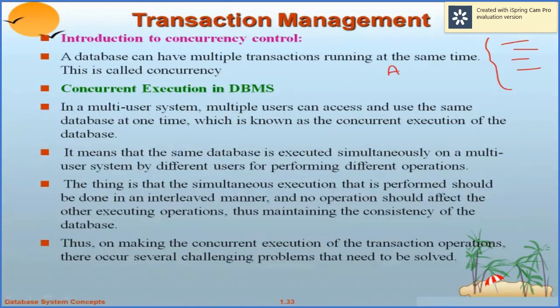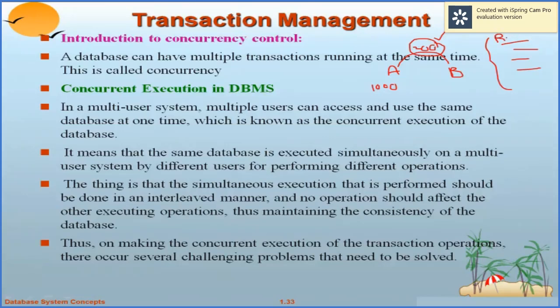Consider two accounts, account A and B, and you have an operation to be performed on account A and account B. Assume account A has 1,000 rupees in it, and I'm supposed to transfer 200 rupees from account A to B. So let's list out the set of operations that need to be performed to undertake my main task of transferring 200 rupees from account A to B, which is what I'm calling a transaction.